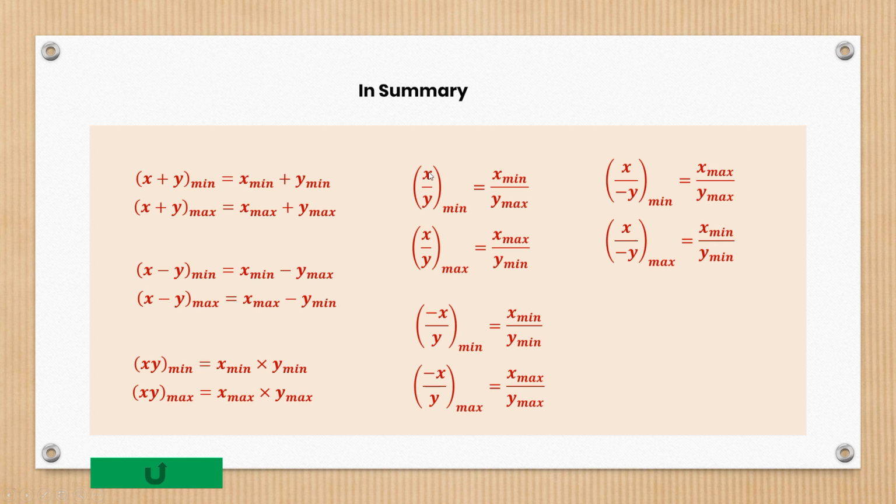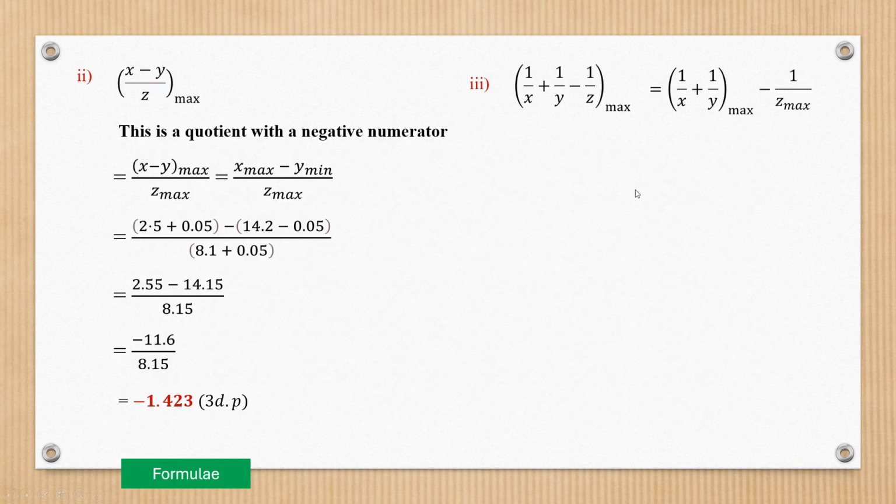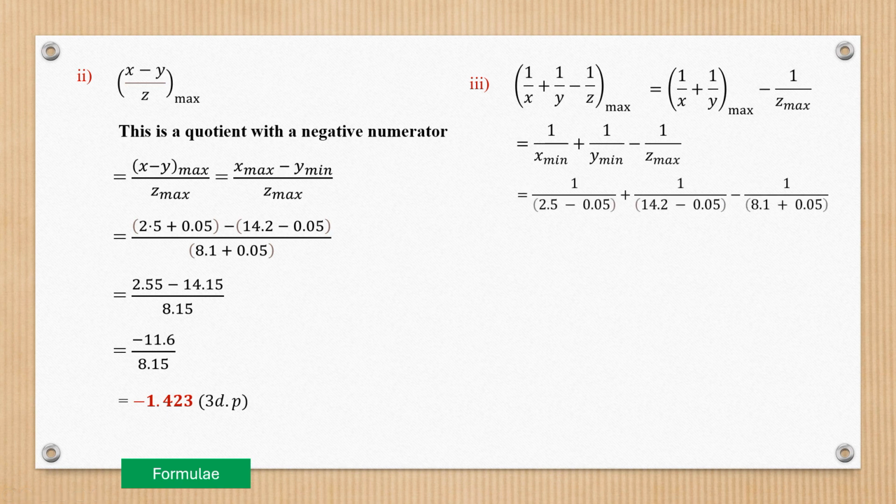So maximum in positive quotients shall be a maximum over a minimum. So what that means is I'll have 1 over x min, and then here I'll also have 1 over y min in that case, all minus 1 over z max. So I hope you've understood what I've just done. So this is what I end up having, and then I'll have 0.356 to 3 decimal places.